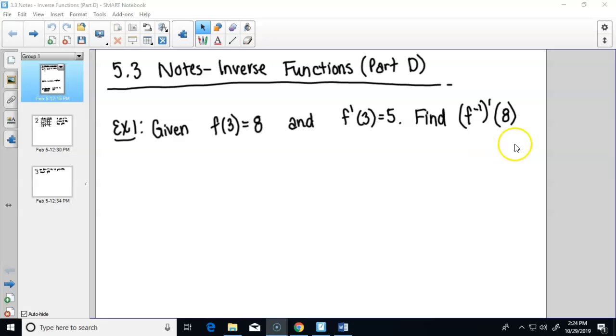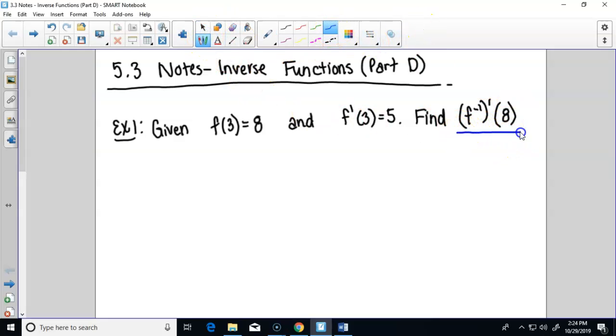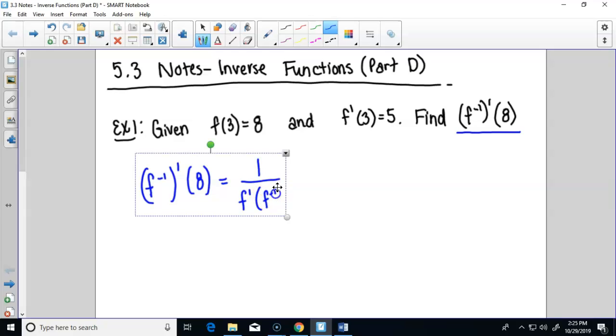Alright, so the question here is asking us for f inverse prime of 8, which we know is going to equal 1 over f prime of f inverse of 8.